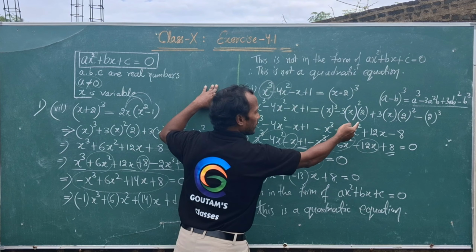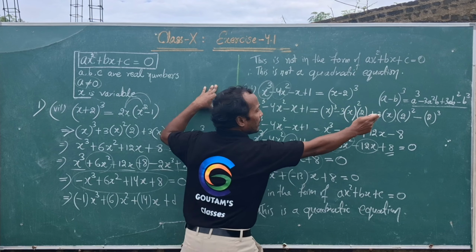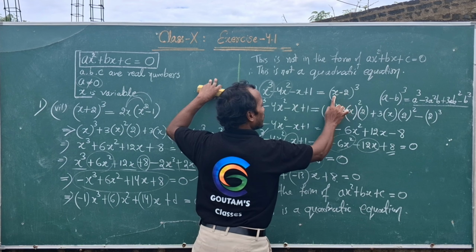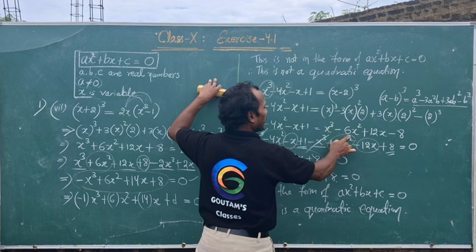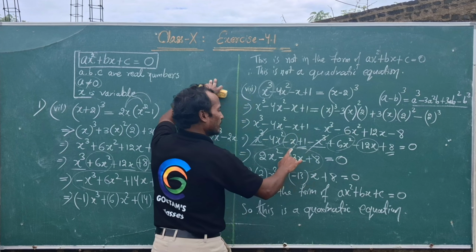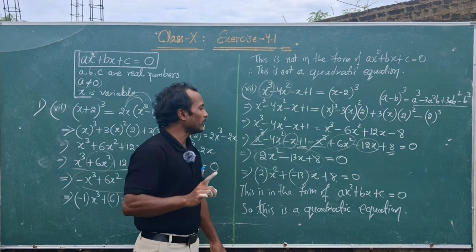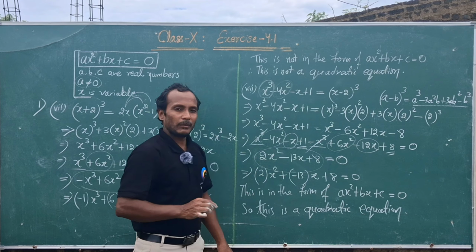On that side also the student is going to get x square when he will have 3a square b, minus 3 into a square means x square, and b is 2. So it gives minus 6x square. When it comes to this side, becomes plus 6x square. So plus 6x square minus 4x square, they calculate mentally. It's not giving 0. So a term with x square will be left.